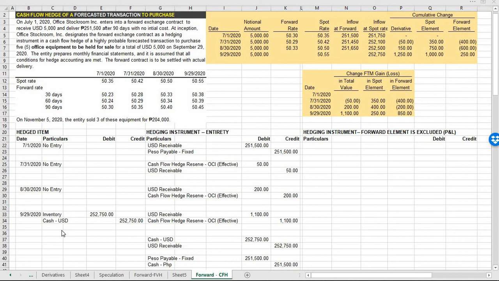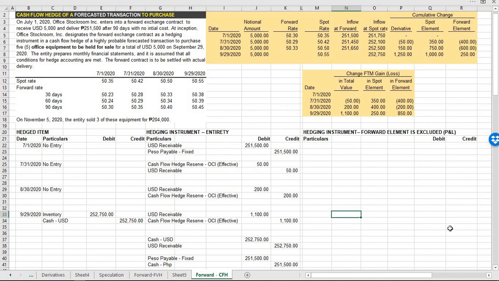So, gawin na natin. So, syempre, for the hedge item, ganun pa rin naman ang entrada. Same pa rin dito. So, ito pa rin ang magiging journal entries for the hedge item. Ang tanging iibahin lang natin is yung hedging instrument. So, let's start at the date of inception, July 1, 2020. Since ang ginamit natin dito is gross settlement, so gawin din natin dito gross settlement.